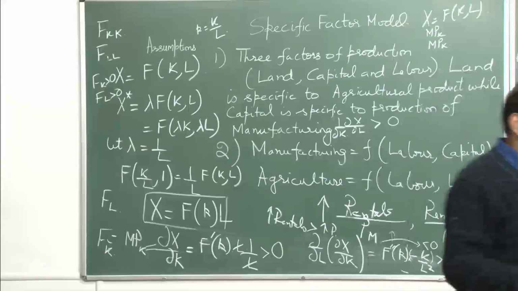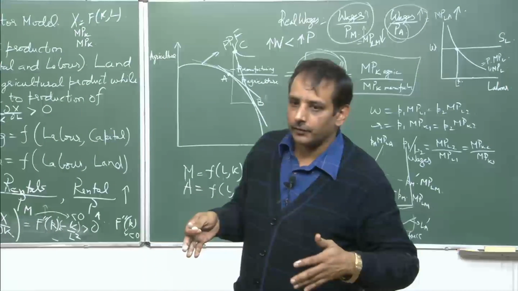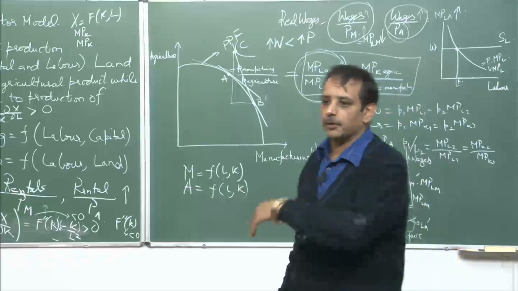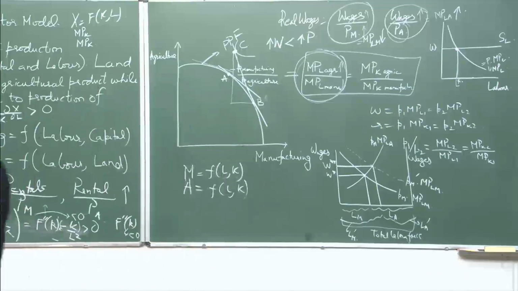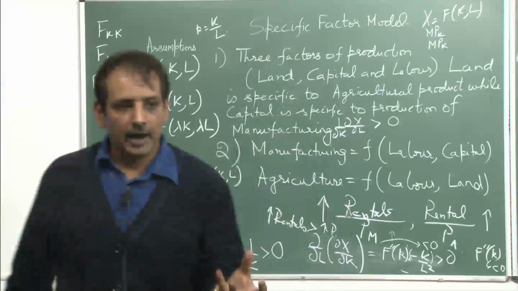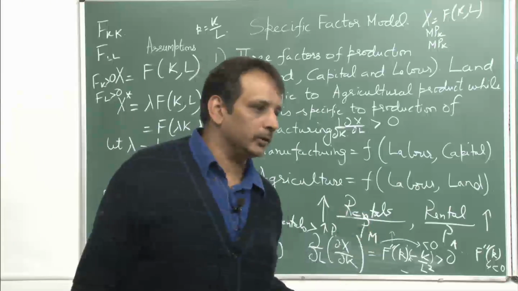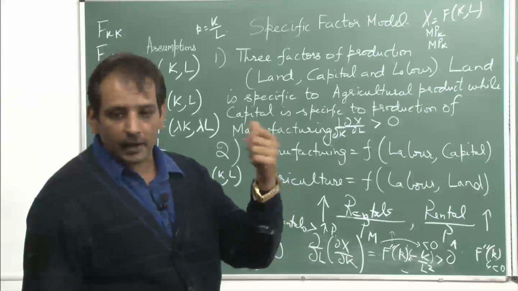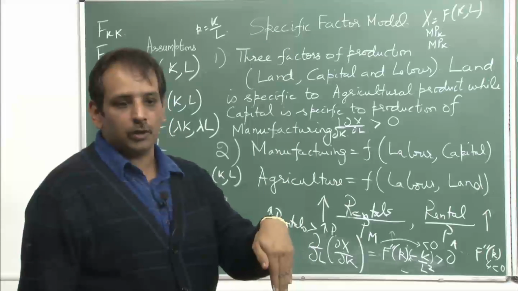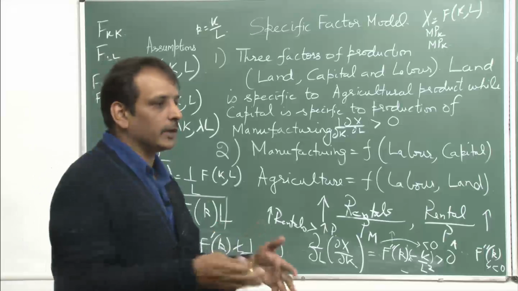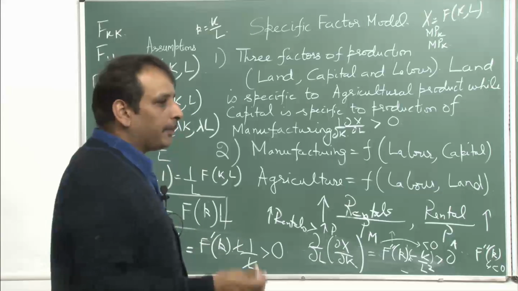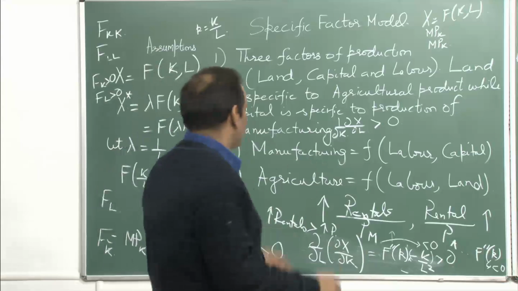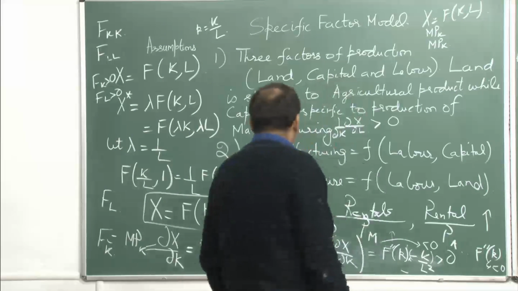So, leave aside mathematics, but think intuitively that in the land, if the labor goes from there to the manufacturing sector, land is now left with less of labor. So, then the marginal productivity of land goes down, because it has less of labor to work with, and capital now is supported by more of labor. So, the marginal productivity of capital goes up.